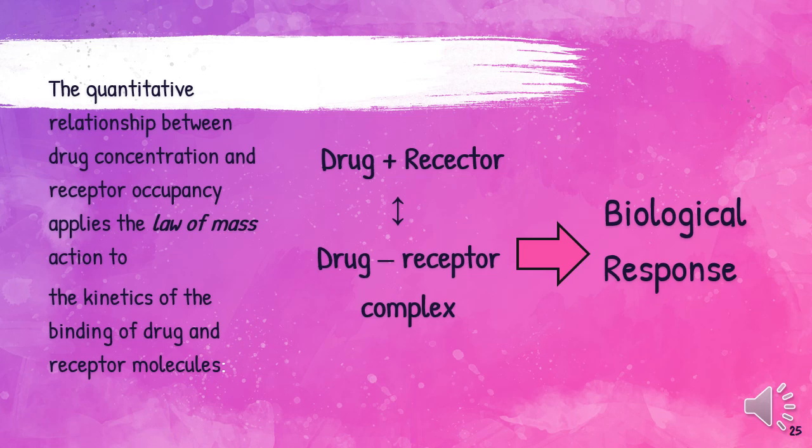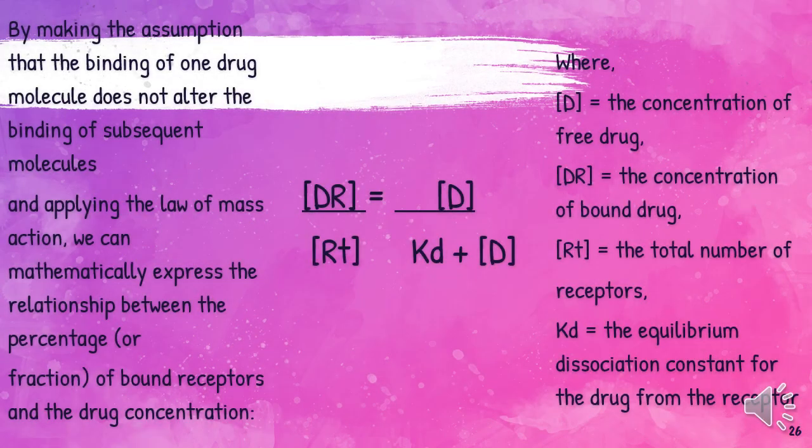If we see the drug receptor and drug response, a biological response, let's see what happens. Over here, you can see that we are looking for the affinity of a drug for its receptor, and they're looking for the free drug present in the system, drug bound to the receptor, and the total number of receptors.